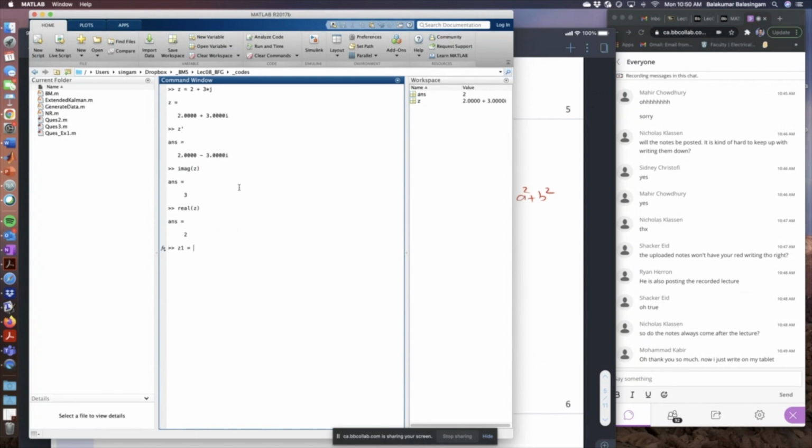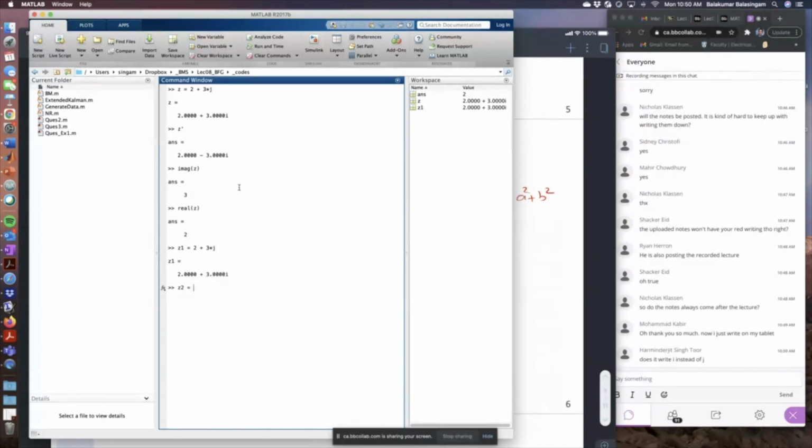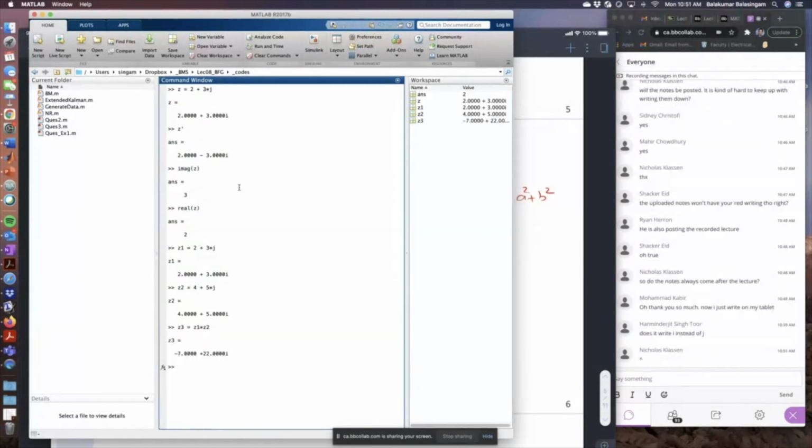Let's say S1 is 2 plus 3j, and S2 is 4 plus 5j. If you want to multiply them, S3 is S1 times S2, and it will give you the answer.